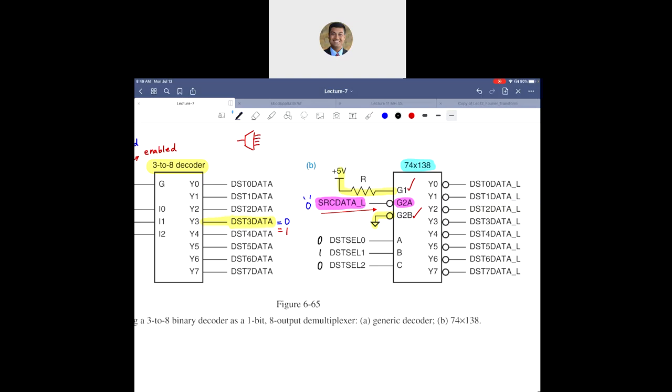Oh, let us do the easier one first. I'm selecting source data underscore L as 1. What is going to happen to the outputs? All will be disabled, right? So that means that all will be 1.